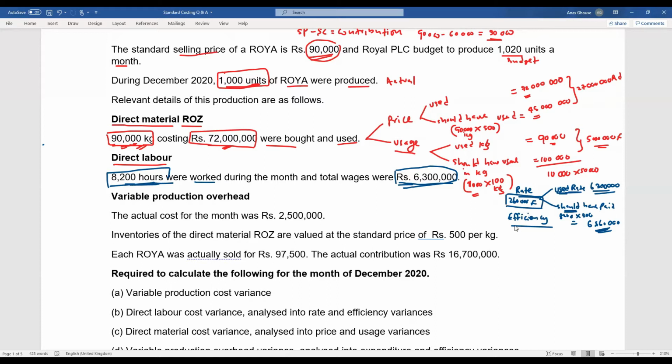Now the efficiency variance. For the efficiency variance we also need to calculate how much was used in terms of hours and how much we should have used.